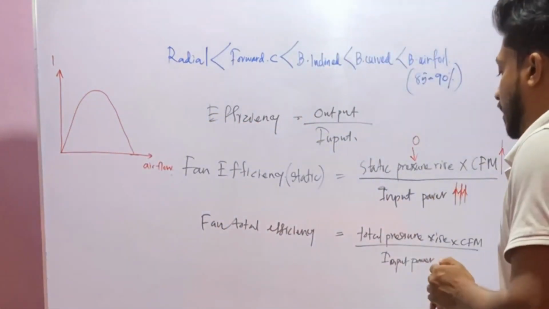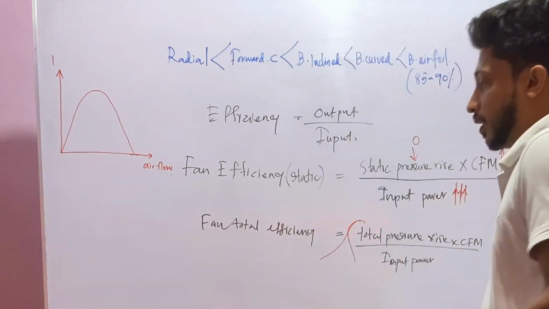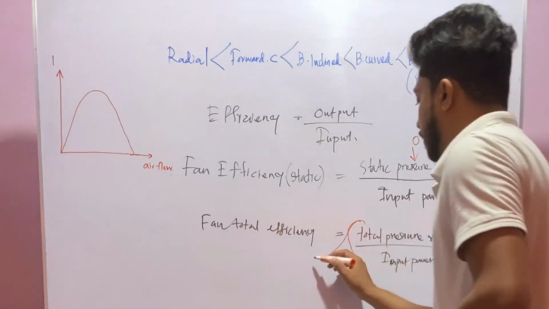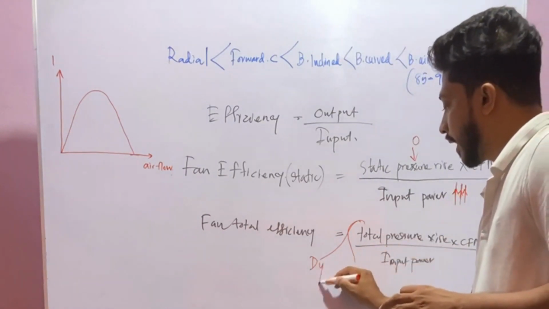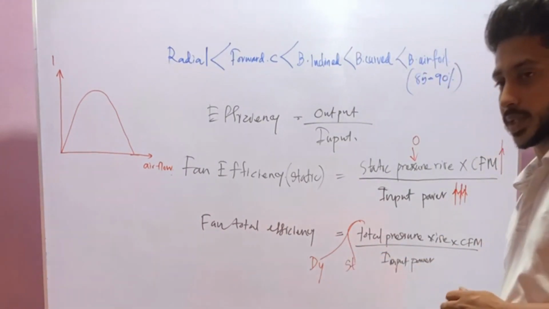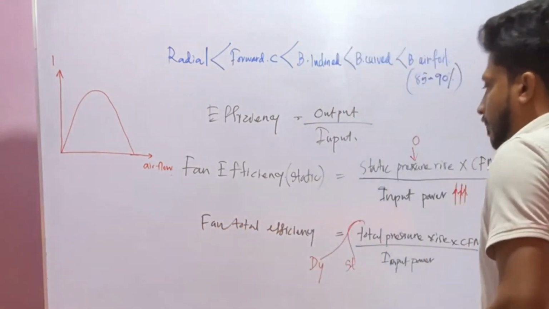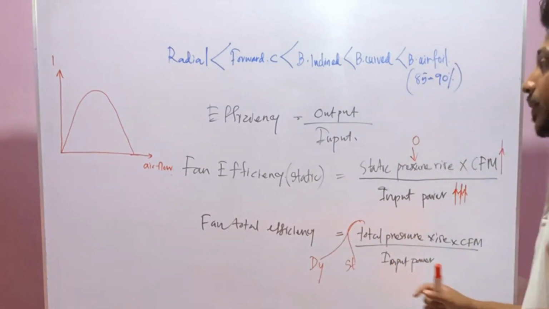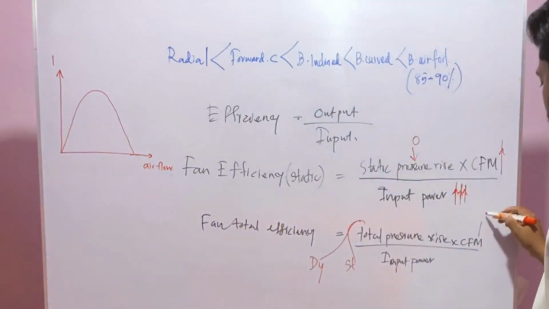But if we consider total efficiency, total pressure has two components: dynamic pressure and static pressure. So if I draw the fan efficiency for the total efficiency, at the beginning, at this point airflow is 0.